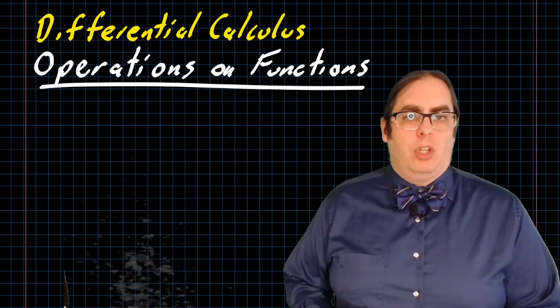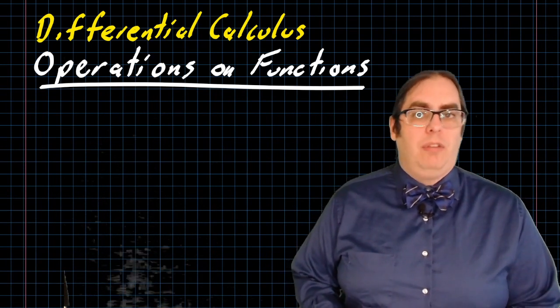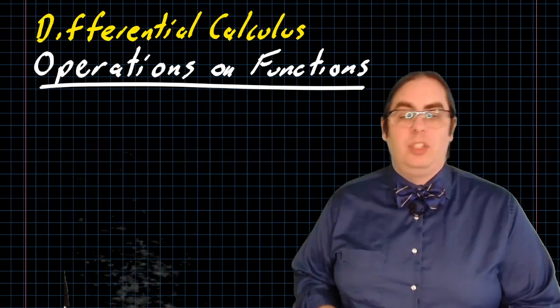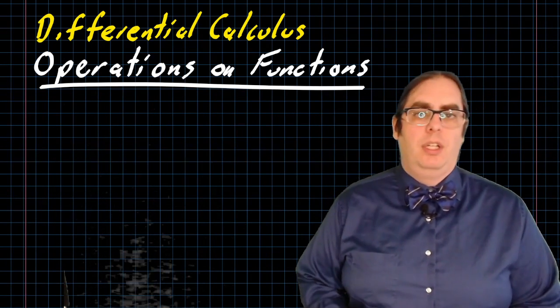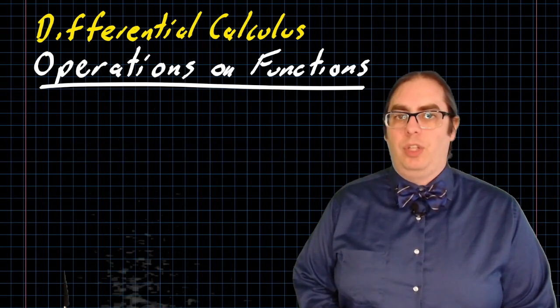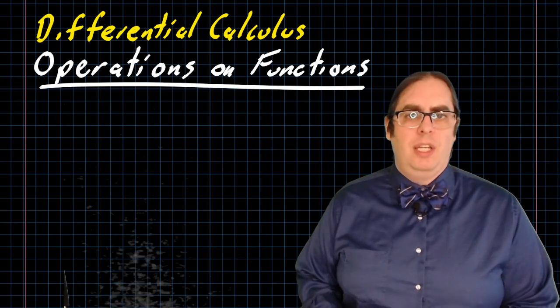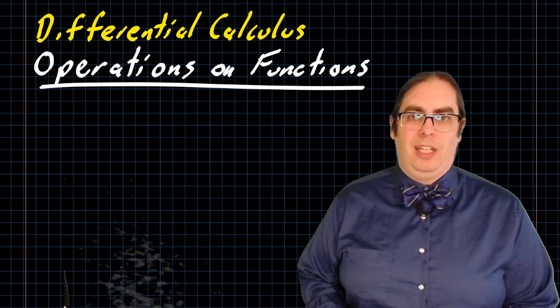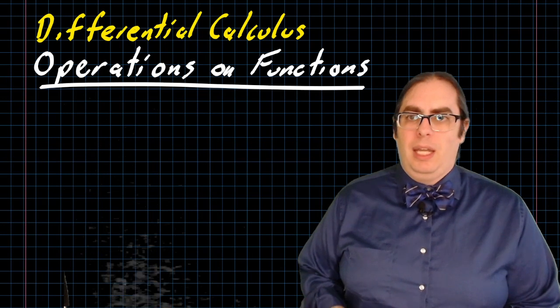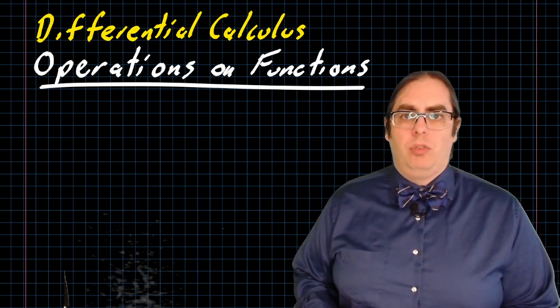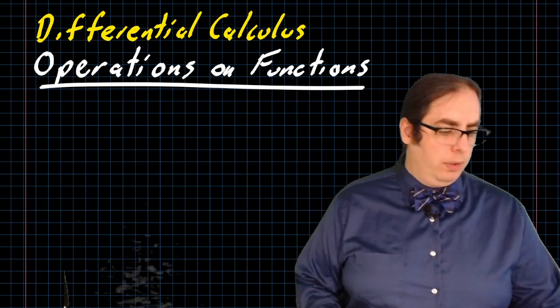Operations on functions are the same operations we see for other situations: addition, subtraction, multiplication, division. Functions have one other interesting operation called composition that doesn't exist on numbers on its own. And performing these operations is pretty straightforward.